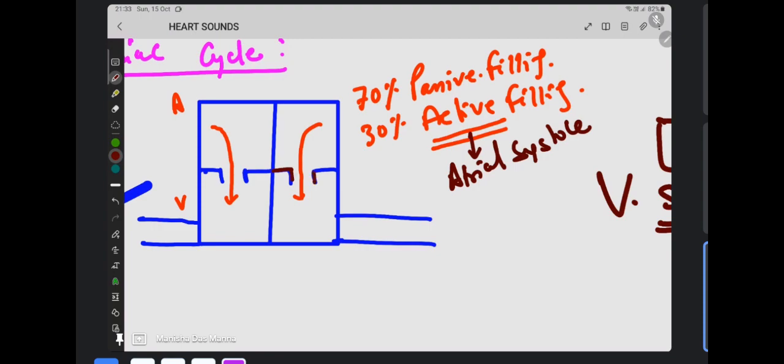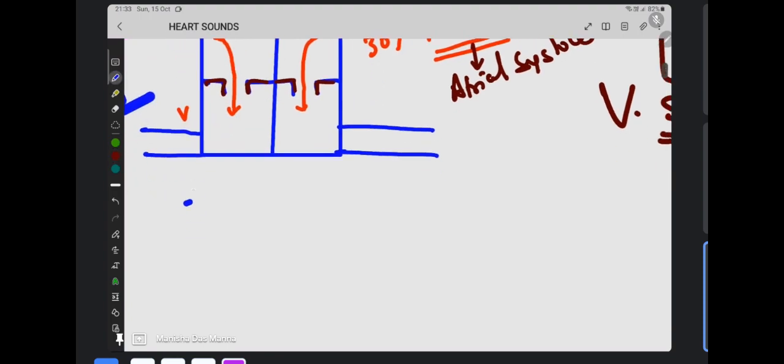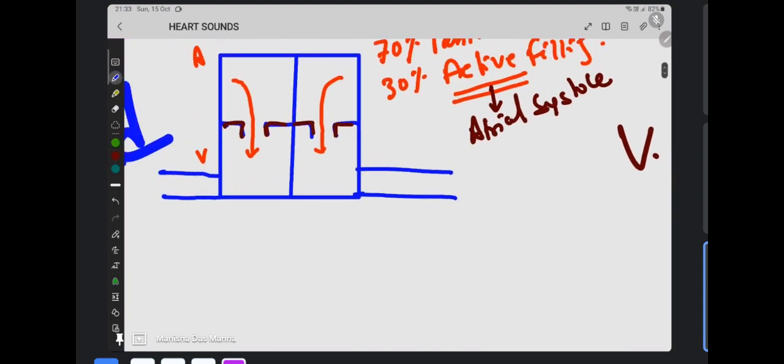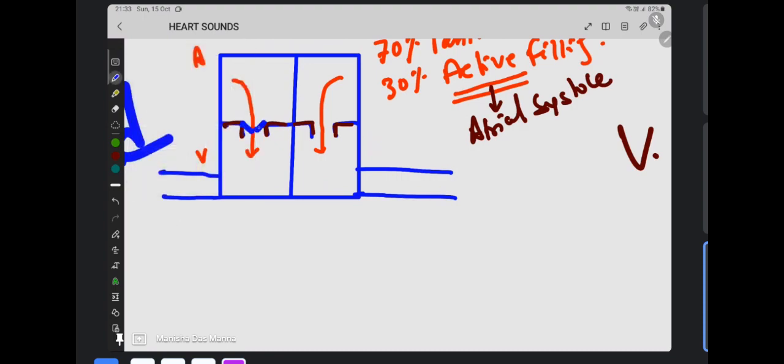Then what happens? The mitral valve is already open and blood rushes from the atria to the ventricle and accumulates in the ventricles. And then the mitral and tricuspid valves both close.